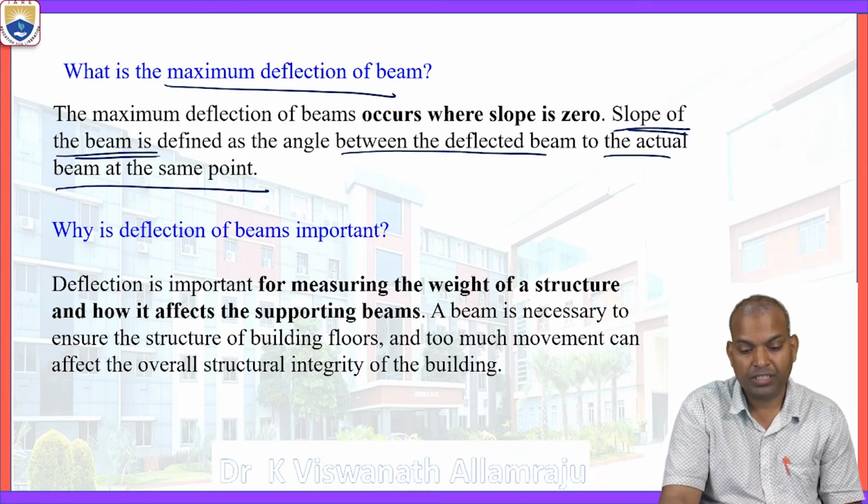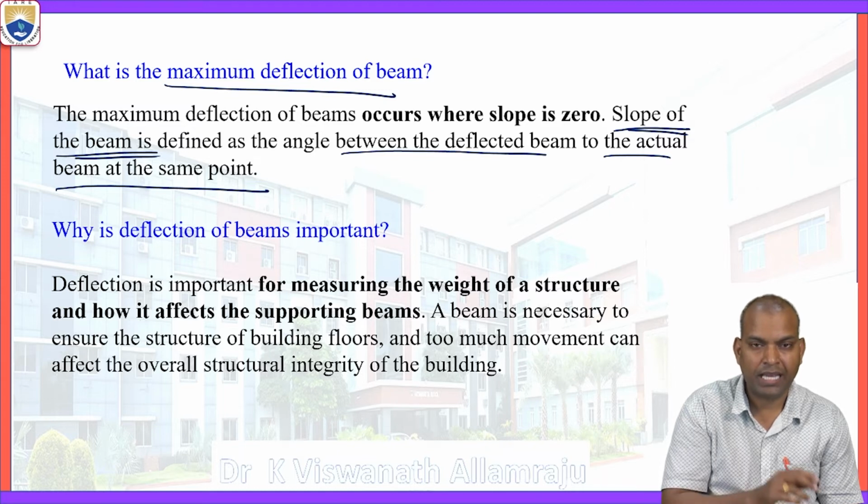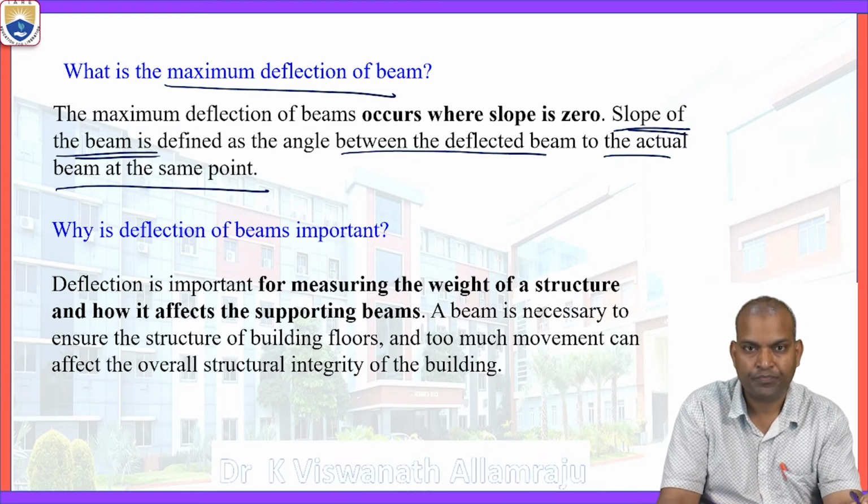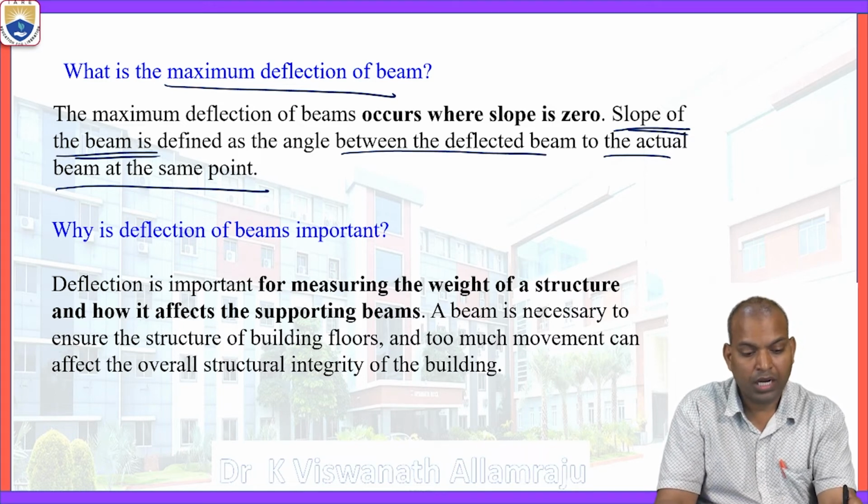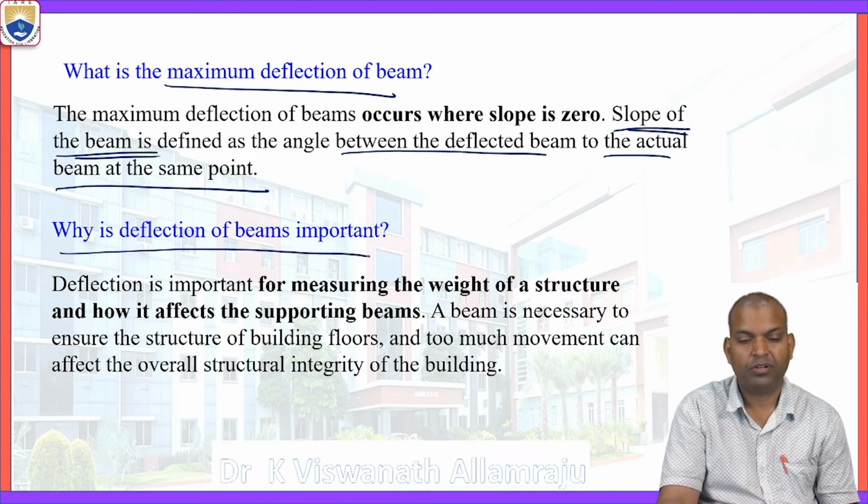This maximum deflection occurs, for the case of a simply supported beam, when the concentrated load is acting at the midpoint of the beam. There the slope is 0. Now, why are deflections of beams important?